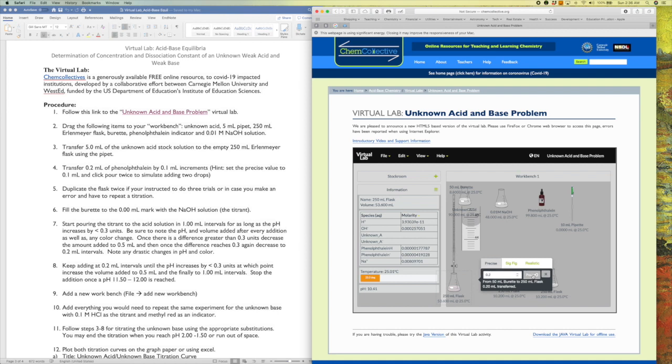So that's about 0.07. So now again, we've reached the point where the increments by which the pH is going up is about 0.05. And so I can increase the volume that I'm going to add by 0.5.